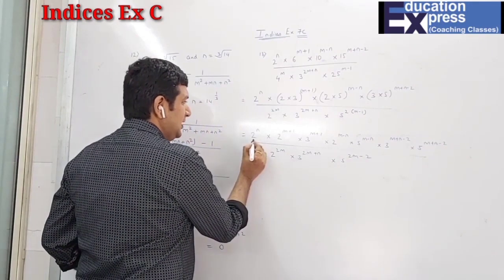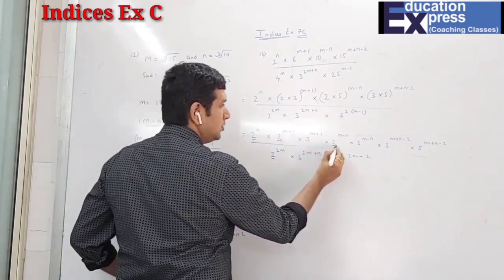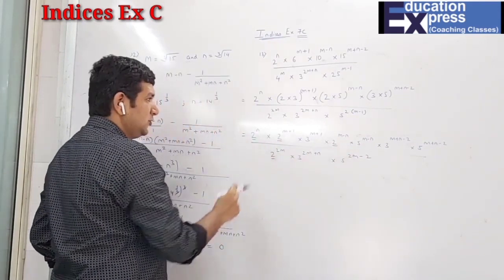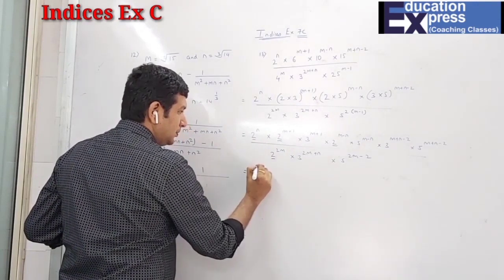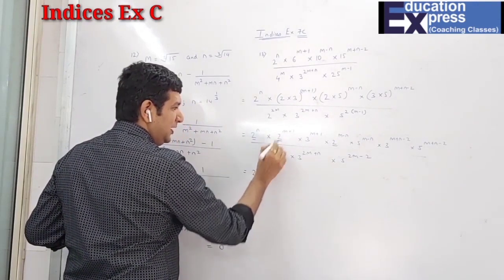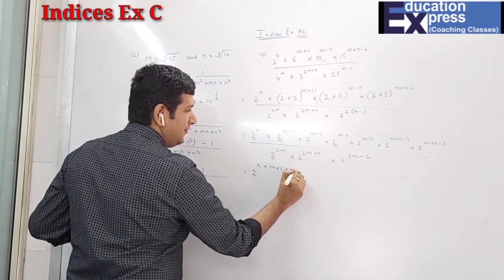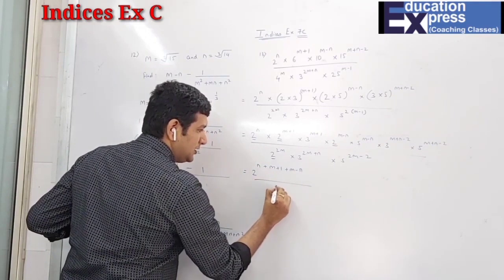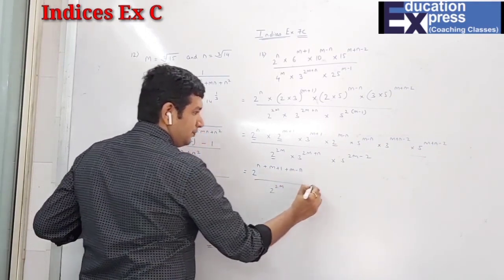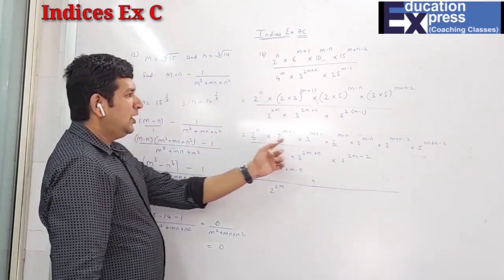So now I just see which numbers have base 2. 1, 2, 3, yeah. So first the numerator part, 2 raised to n multiplied by 2 raised to m plus 1, again multiplied by 2 raised to m minus n upon 2 raised to 2m. So students, all the 2s are brought together.